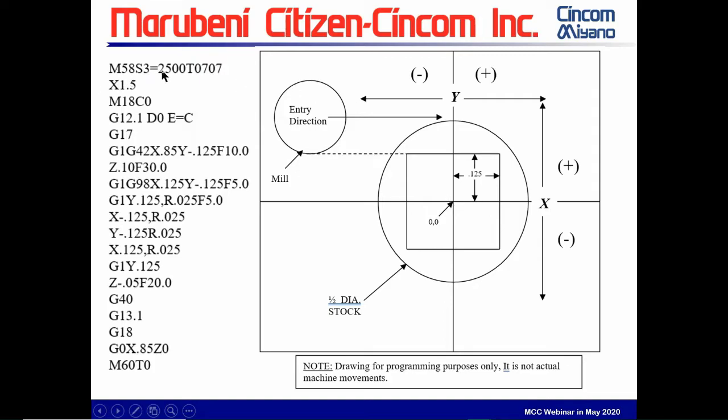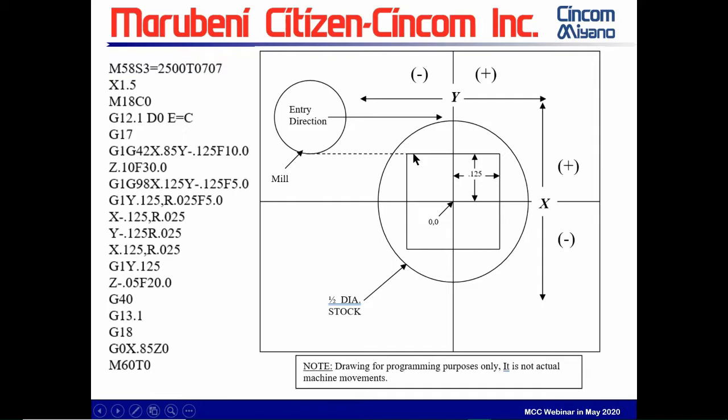The program here is a working program. More or less started up above, turned on the C, activated G12.1, goes into G17, and then starts working G1, G42, the X, and the Y 125. So it's working actually over here.